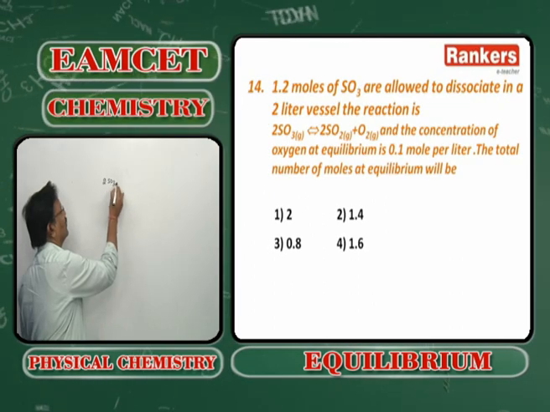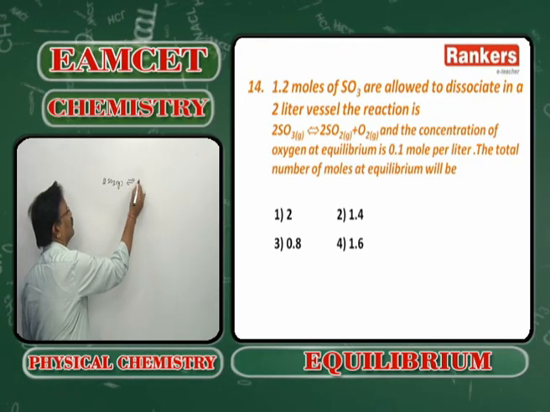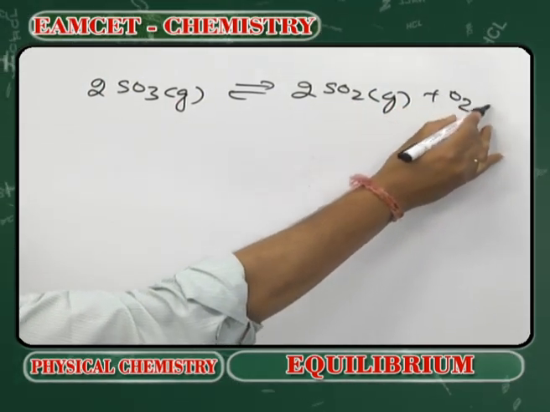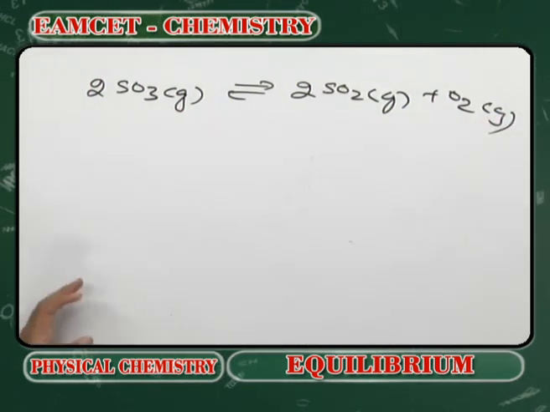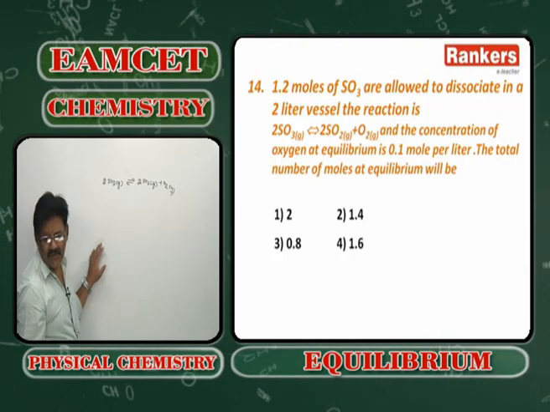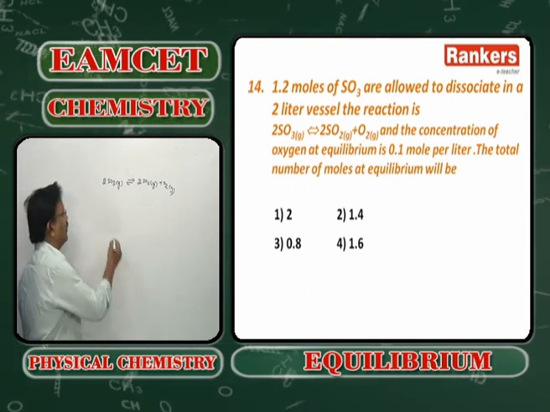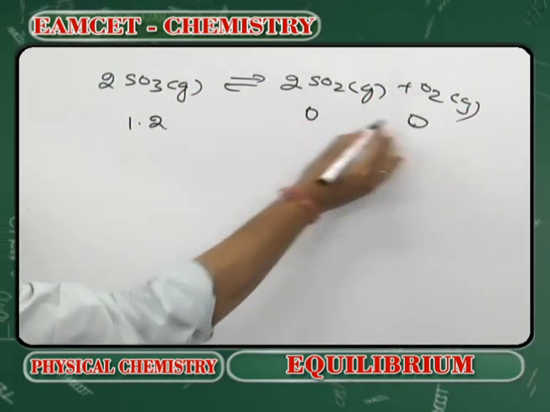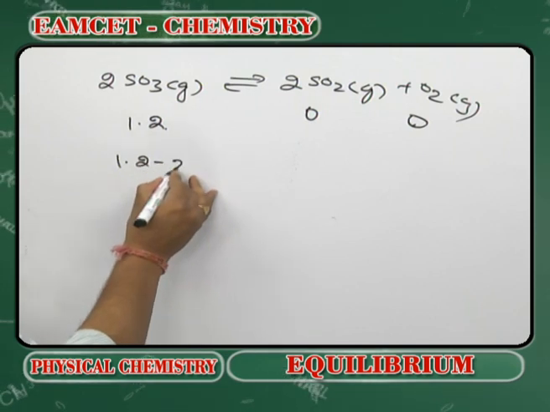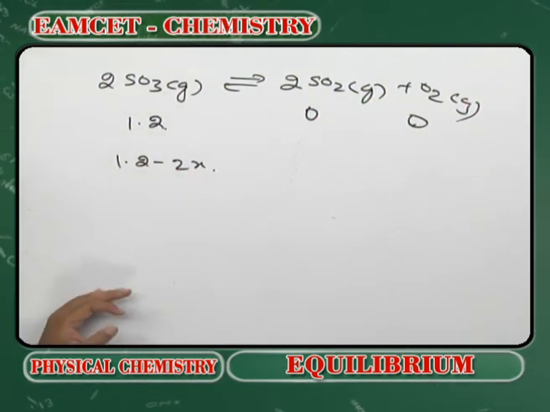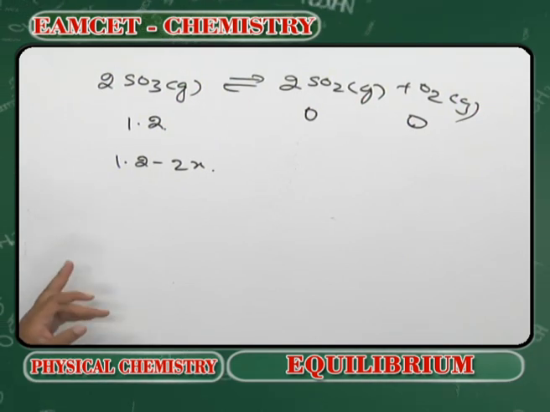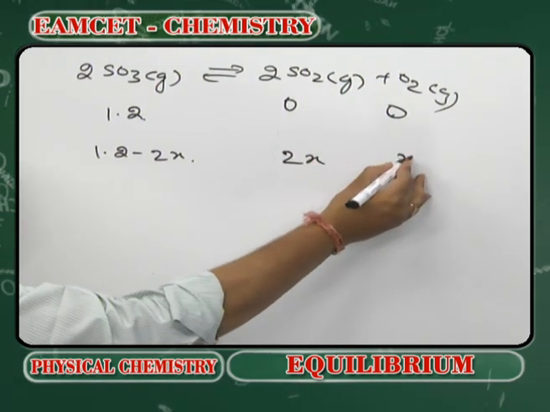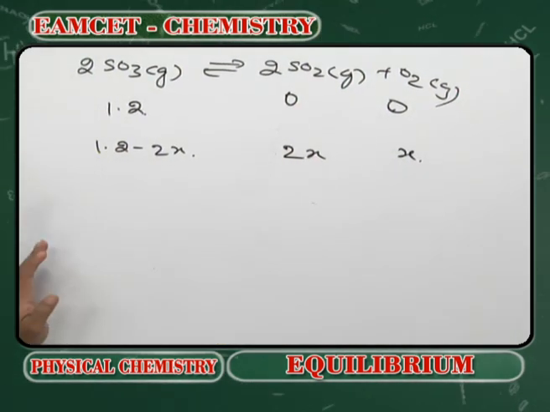Initial moles 1.2 moles, 0, 0. At equilibrium 1.2 minus 2x, 2x, and x.